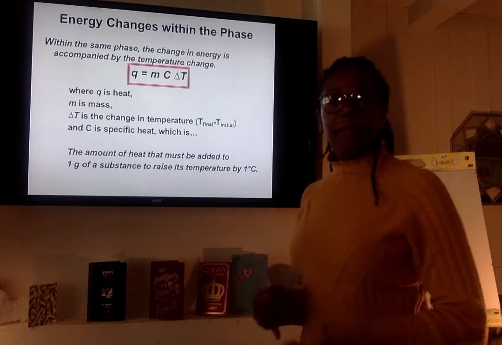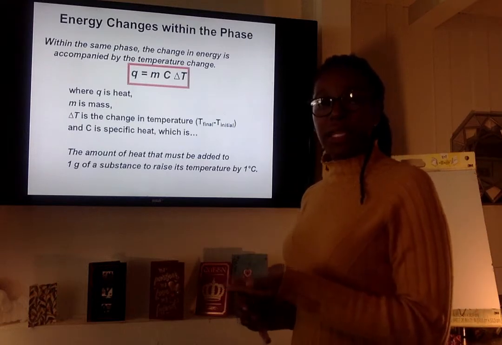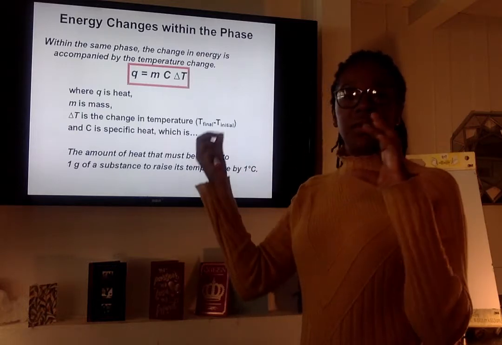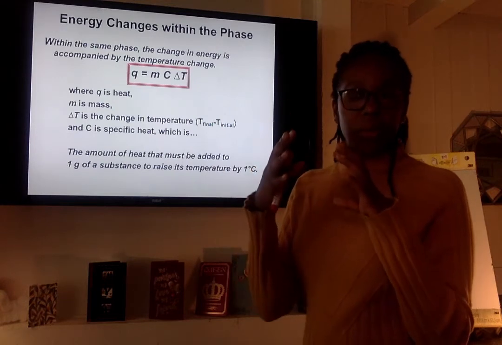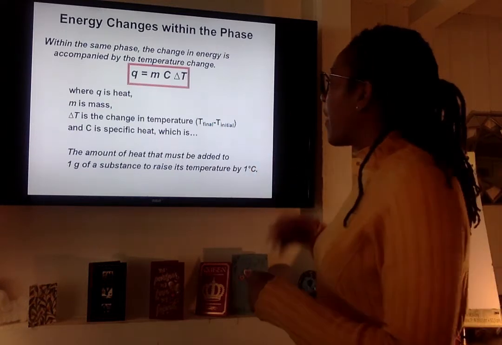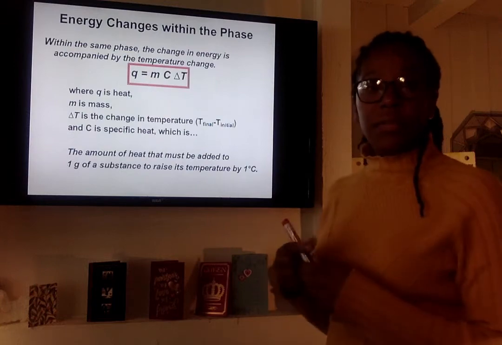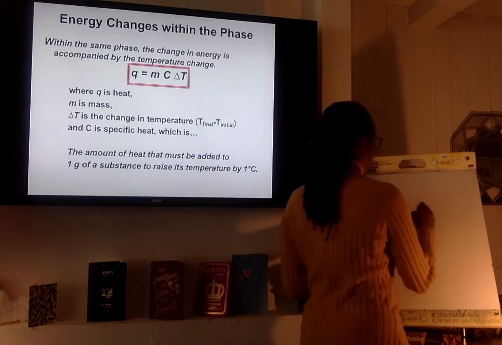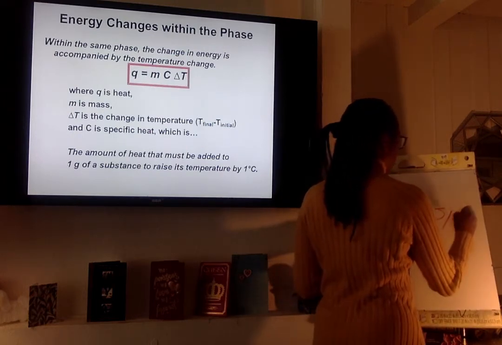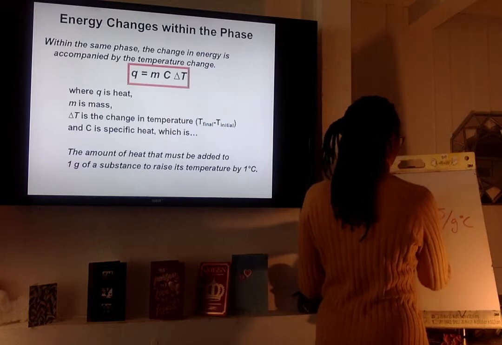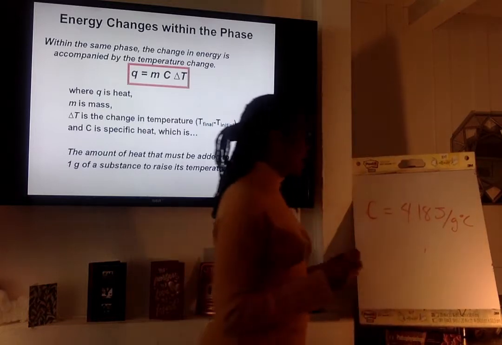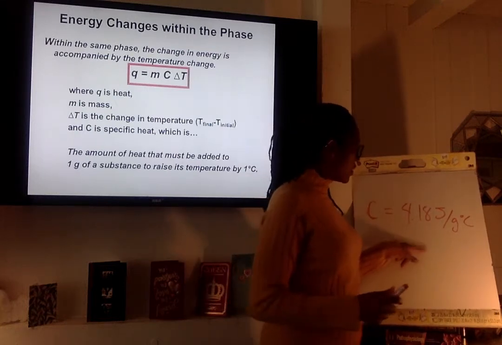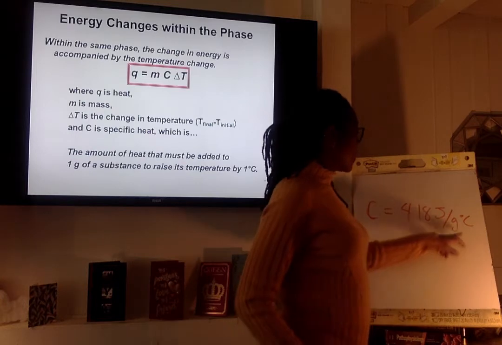For 1 gram of this substance, how much heat do I have to add to raise its temperature by 1 degree? That value is C. For instance, with water, C is 4.18 joules per gram degree Celsius. Remember, joules is for the energy, and grams is the mass.